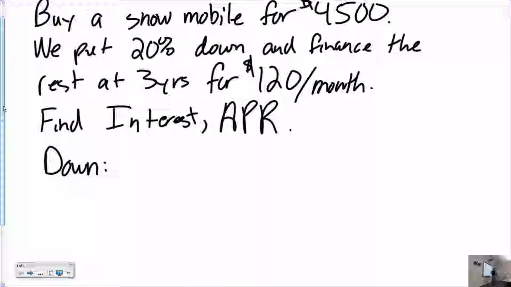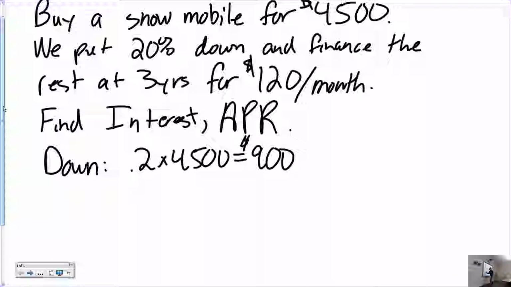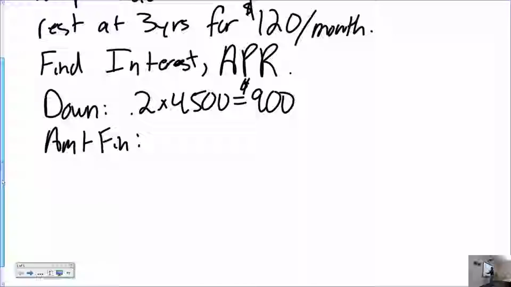So, technically, how much do we put down? $900, right? Because 20% of $4,500, 0.2 times $4,500 is $900. So, how much did we borrow? $3,600. The difference.